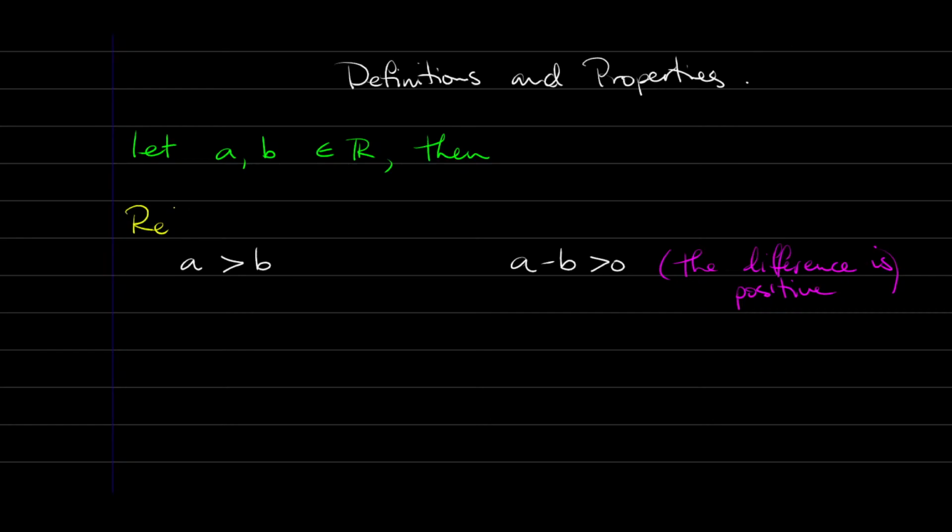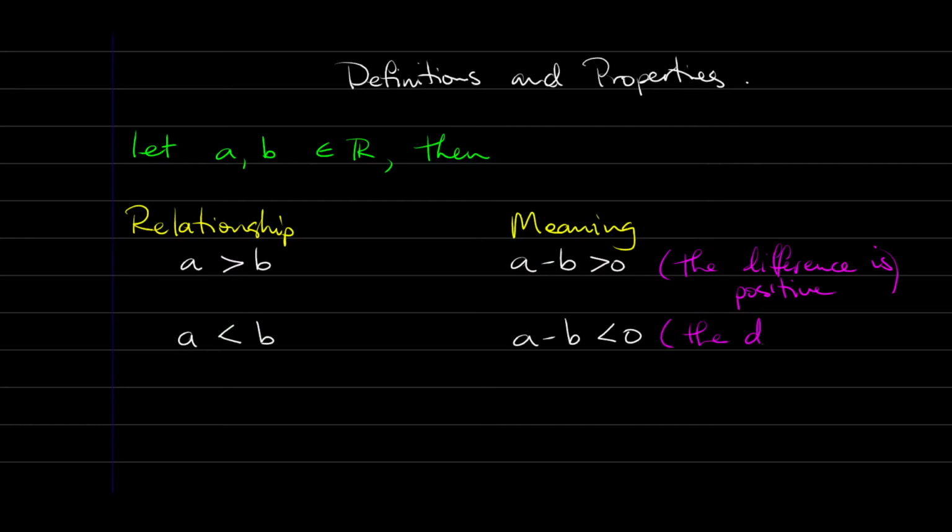I'm going to say that this is a relationship, and I'm going to call this the meaning. We're going to look at all of them. Then we can look at A less than B. And that would mean that A minus B is going to be less than 0. In other words, the difference is negative.